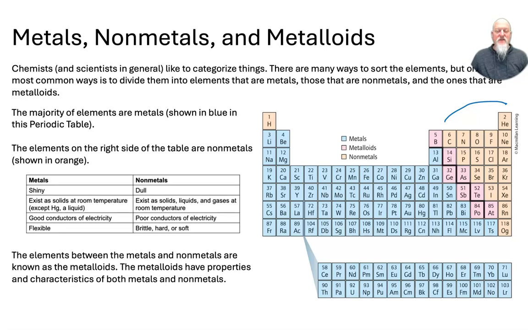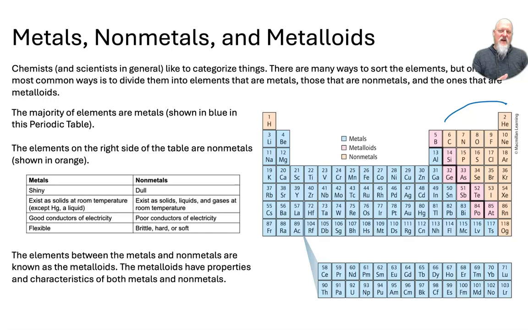Hydrogen is also considered a nonmetal. The blue ones here are all metals. So you can see most of the elements are actually metals. Metals are interesting because they all look a lot alike. Most of them are silver and shiny. Some are a little bit darker silver, some are lighter silver, but most of them are some version of silver. Gold obviously is gold colored, but it's still shiny.